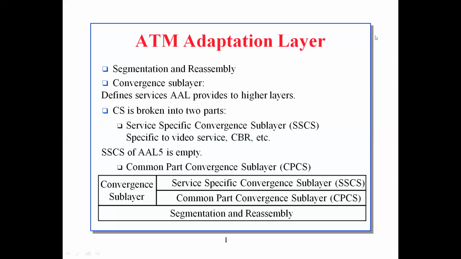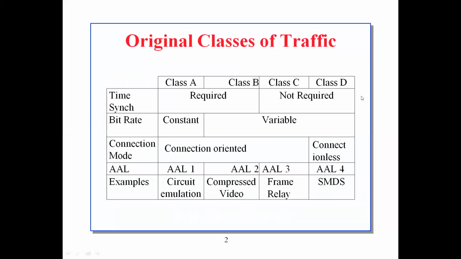The next slide shows the classes of the AAL layer. In AAL, four classes of service, that is 1, 2, 3, and 4, have been defined, which correspond to the four classes of protocol.